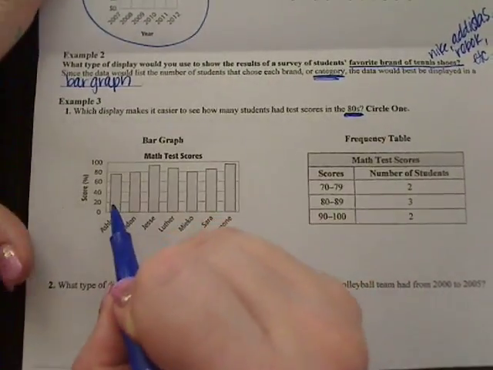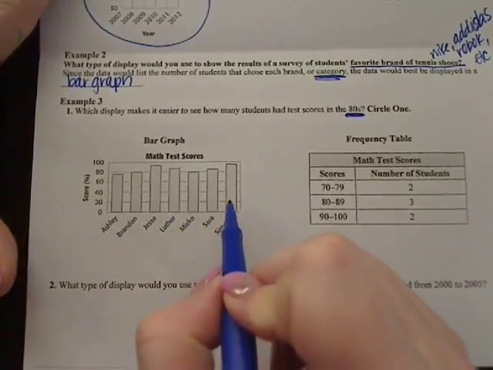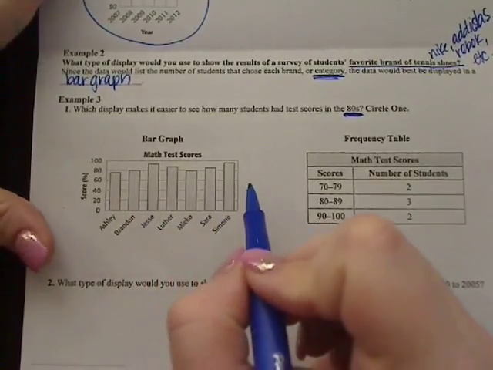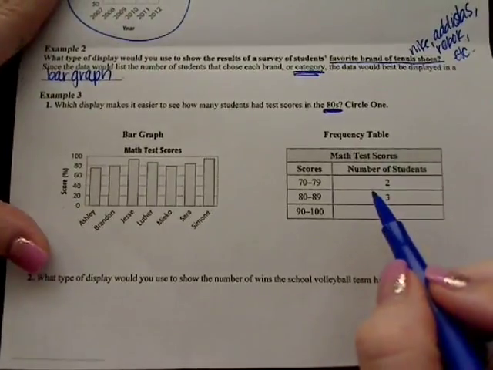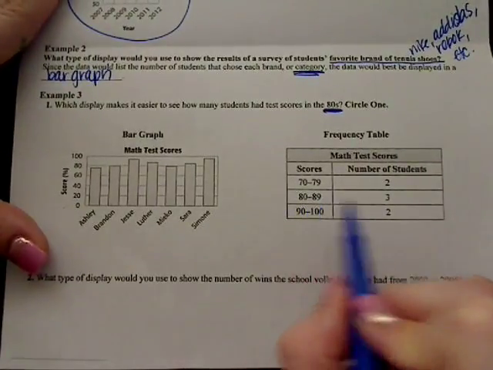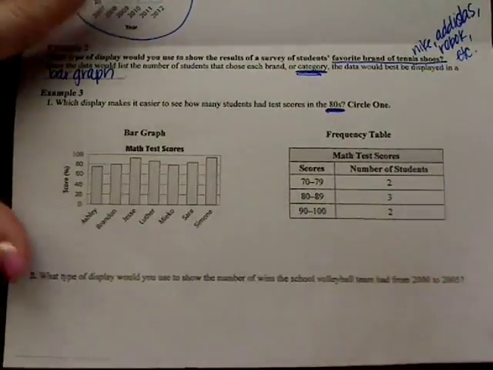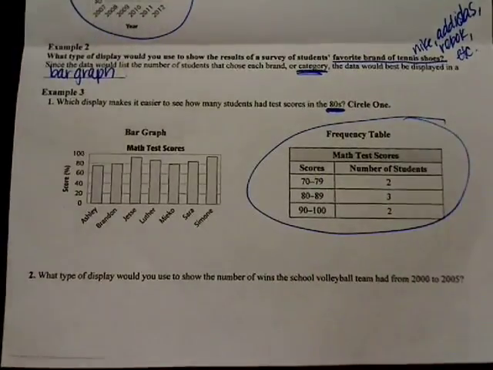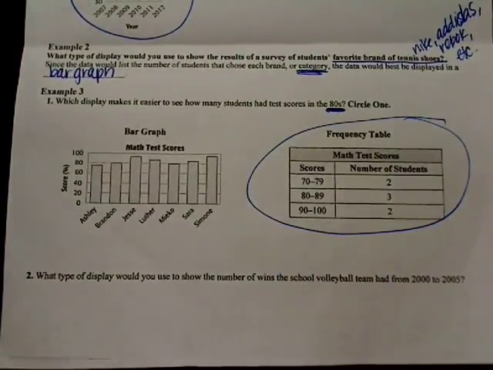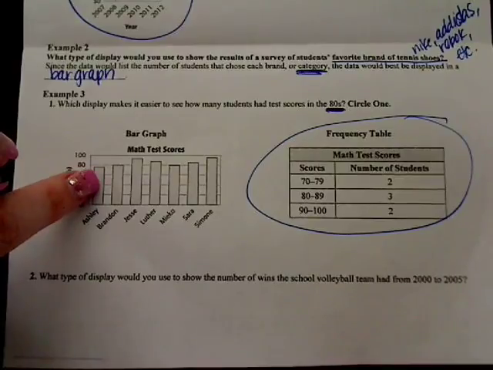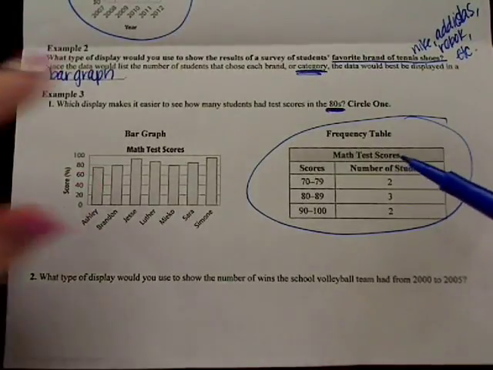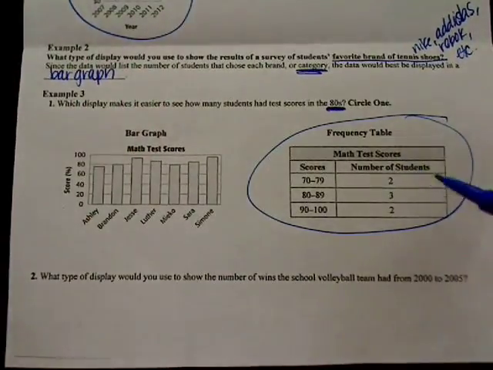I could look at this and I could figure out what each person is and then figure out how many are in the 80s. Or I could look over here and say, oh, 80s, 80 to 89, that's 3. Okay, so this one, the frequency table, was a little easier for me to interpret. Yes, I could figure it out from here, but this one would make it easier to see because it just flat out tells me.